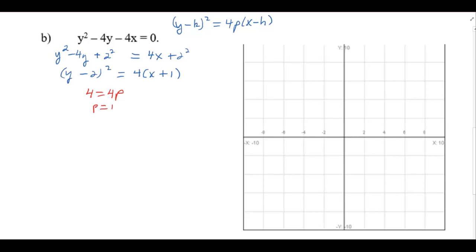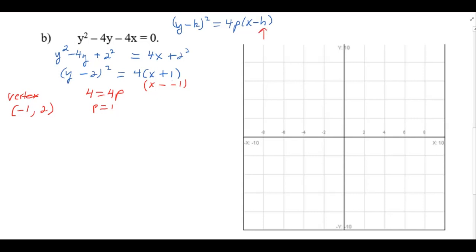Now, the vertex is also apparent from the standard form. You can see it over here. Notice we have a -1 for the h and 2 for the k. So remember, this is in the form x minus h, so it has to be x minus the parameter itself.